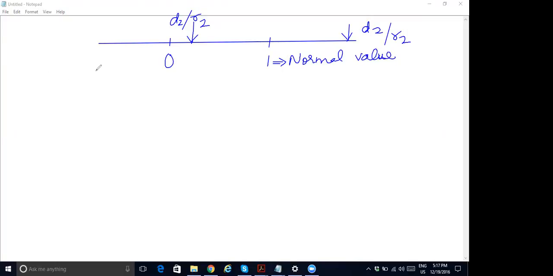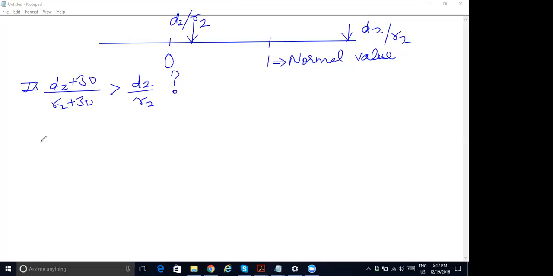Now, the question here is whether D2 plus 30 divided by R2 plus 30 is greater than D2 by R2. Now let's take a fraction which lies between 0 and 1.